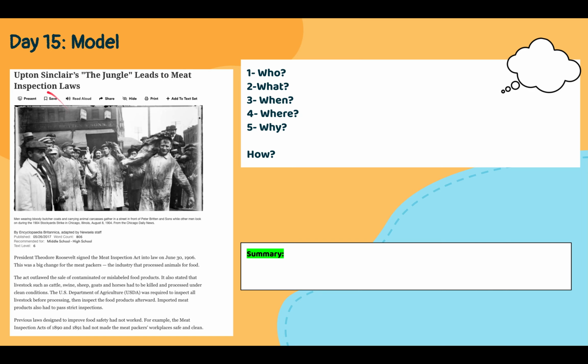So that way we understand how we're going to use this technique exactly. So I'll begin. Upton Sinclair's The Jungle leads to meat inspection laws. I see an image. There's some men here. I see somebody has a piece of cattle here, maybe some over here as well. I want to infer that these men are butchers maybe.